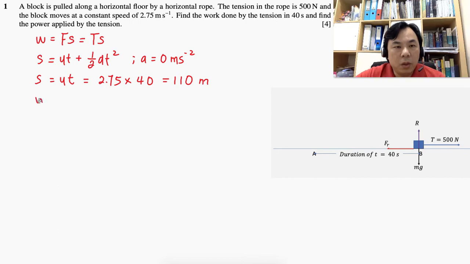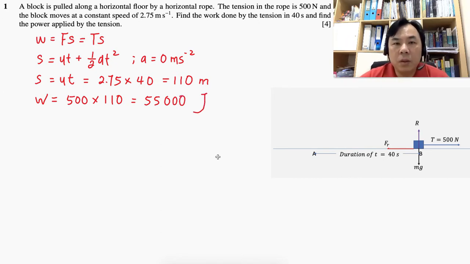So work done will be given by the tension itself, which is 500, multiplied by the distance traveled. So 110 there. So that will be 55,000 joule. So the work done will be 55,000 joule there.